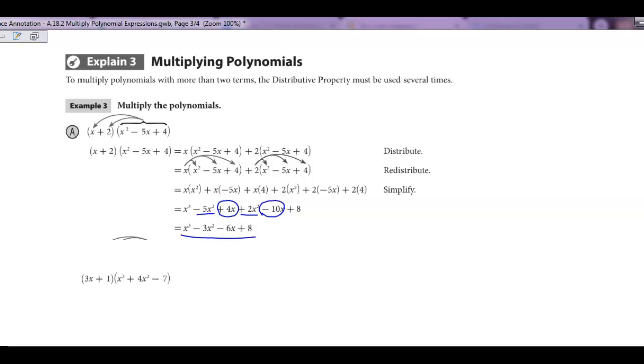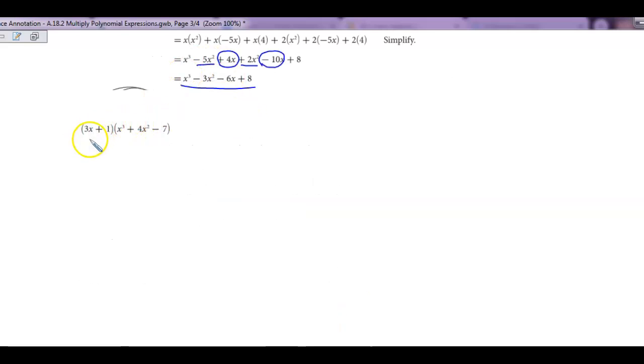Okay. So let's try this one. We have 3x plus 1 times x cubed plus 4x squared minus 7. We're going to break it up to 3x times x cubed plus 4x squared minus 7, plus 1 times x cubed plus 4x squared minus 7.